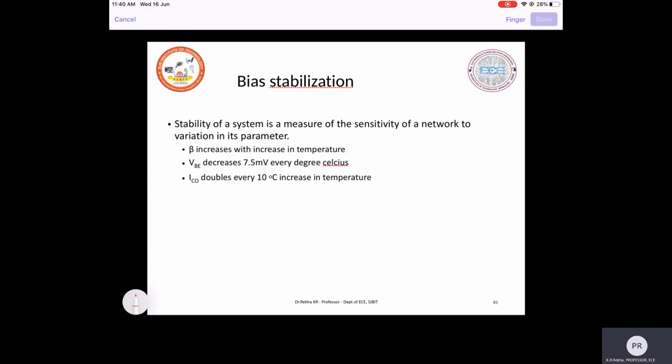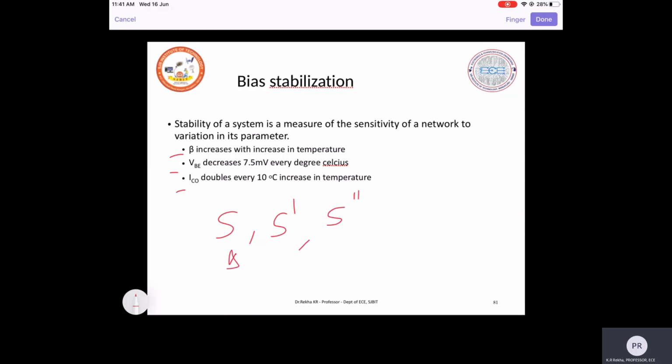I'll summarize this once again. Bias stability of the system is a measure of the sensitivity of the network to variations in beta, VBE, and ICBO, given by S dash and S double dash.